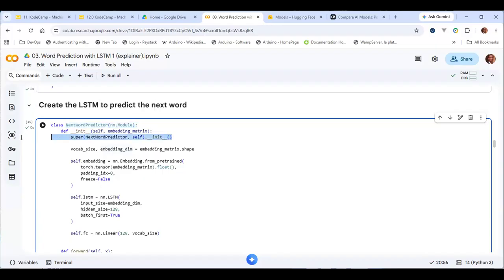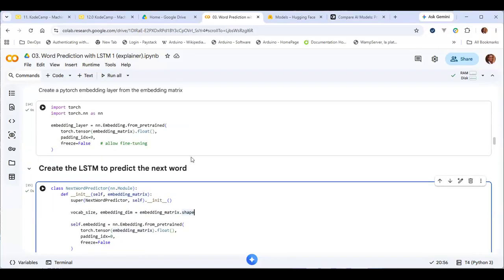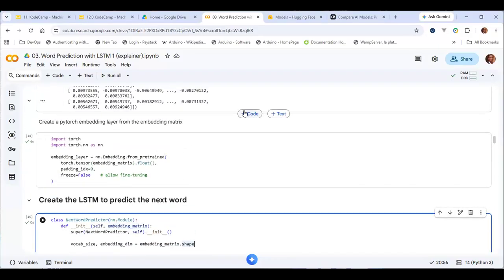First of all, we just call the superclass as usual. Then we now define the dimensions. So remember, we already created the embedding matrix, which we are passing in here as a parameter.